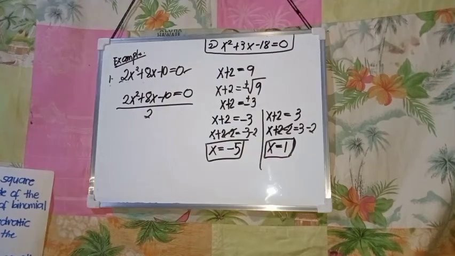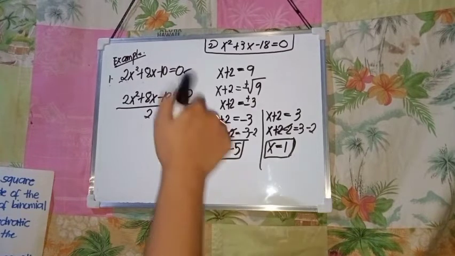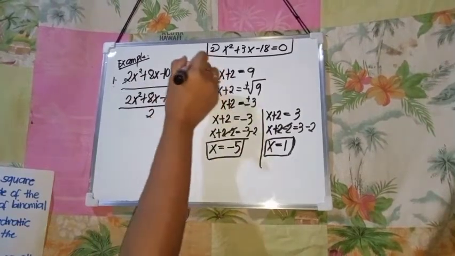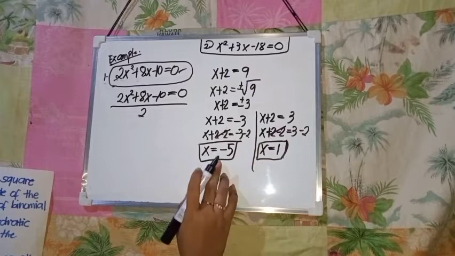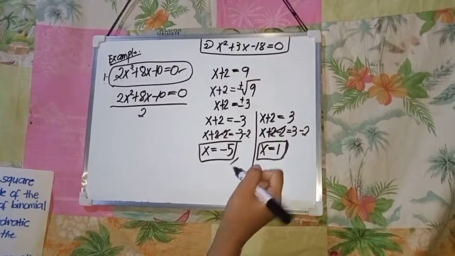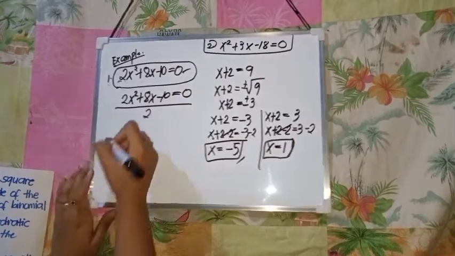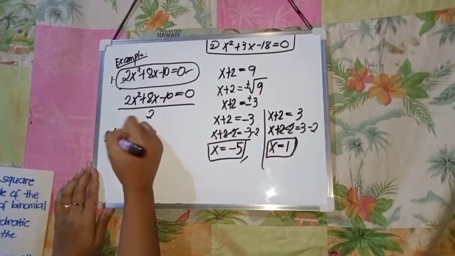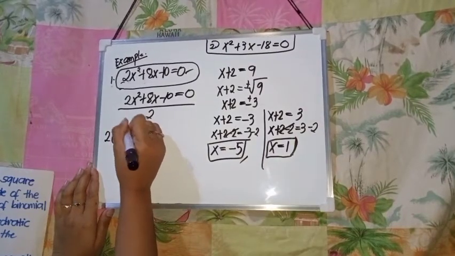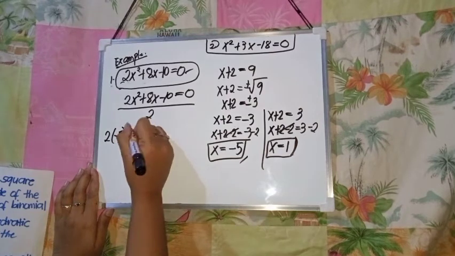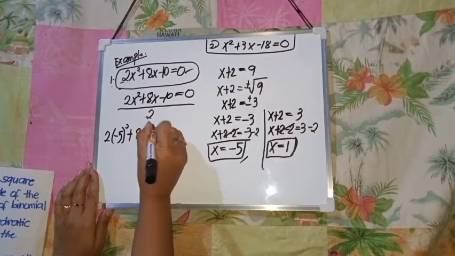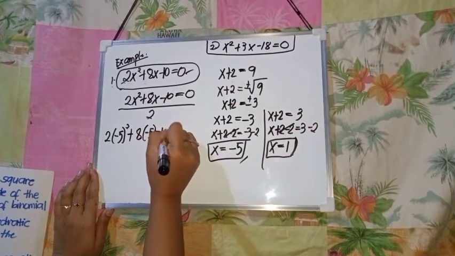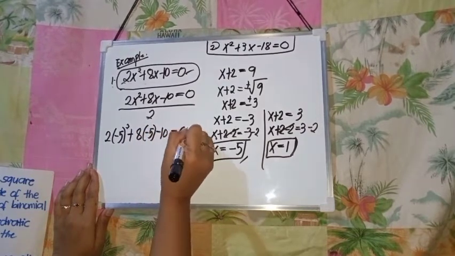In checking, we'll use our given equation. Since we got negative 5 first, we'll use this. So 2 times the quantity of negative 5 squared plus 8 times the quantity of negative 5 minus 10 is equal to 0.